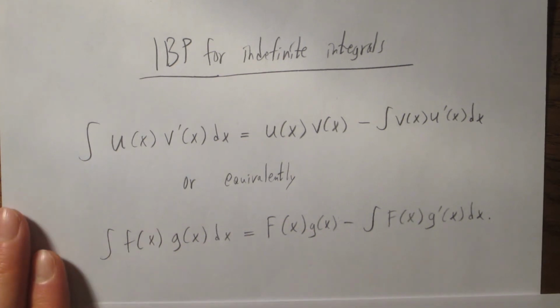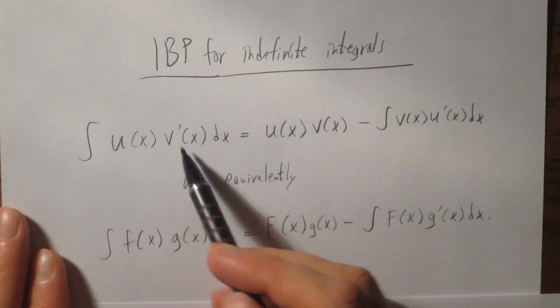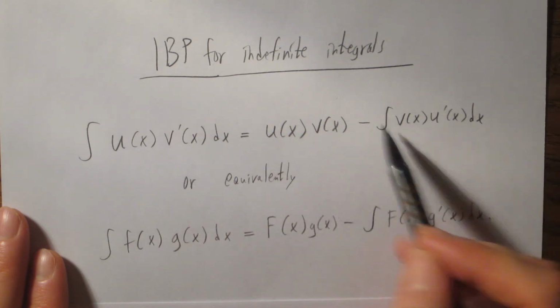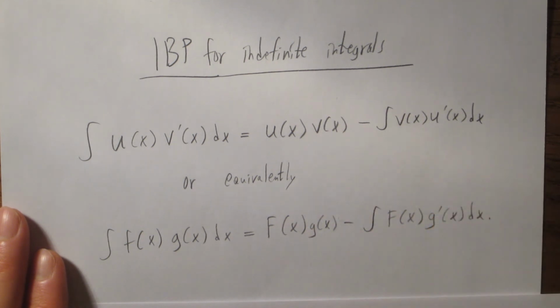So what's going on is that one of the two guys gets integrated here and here, whereas the other one stays the same here, but in the new integral which you have to deal with, u has been differentiated. So you want to pick u so that it stops being annoying upon differentiation.